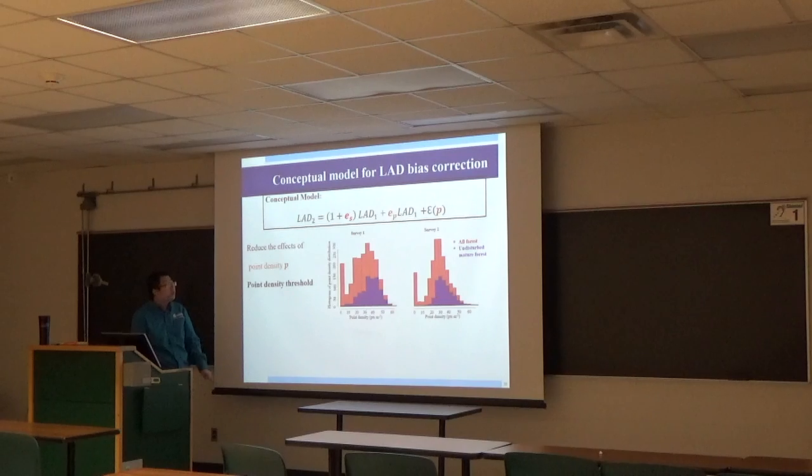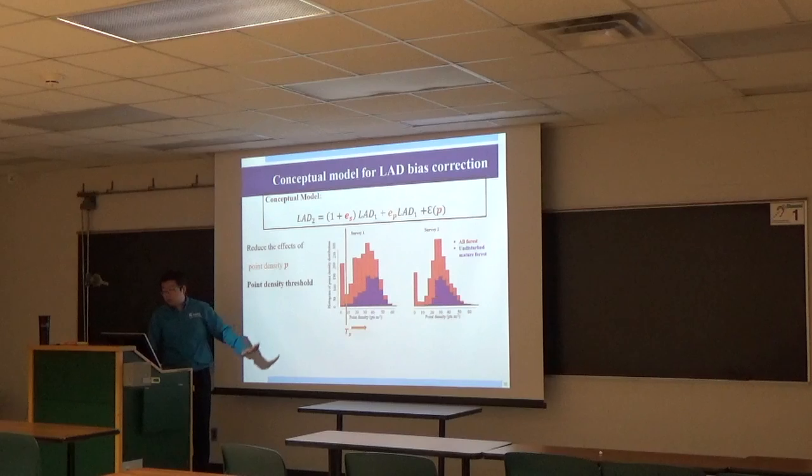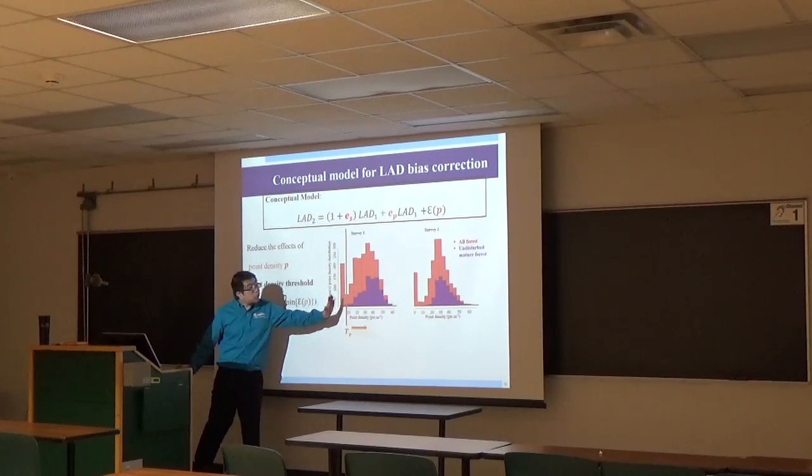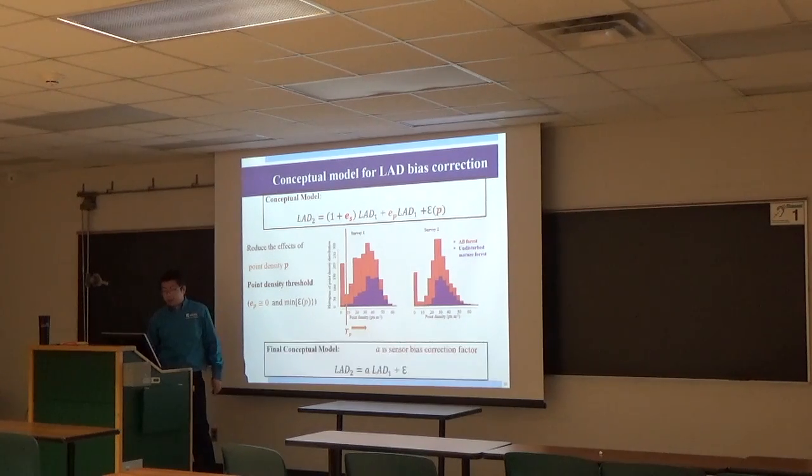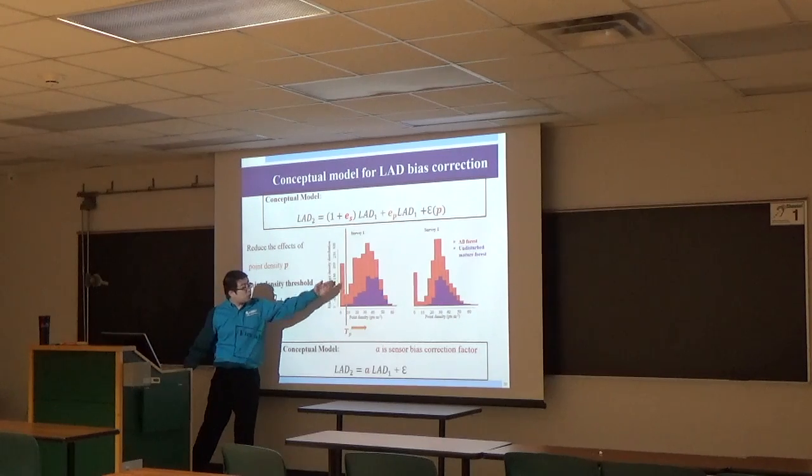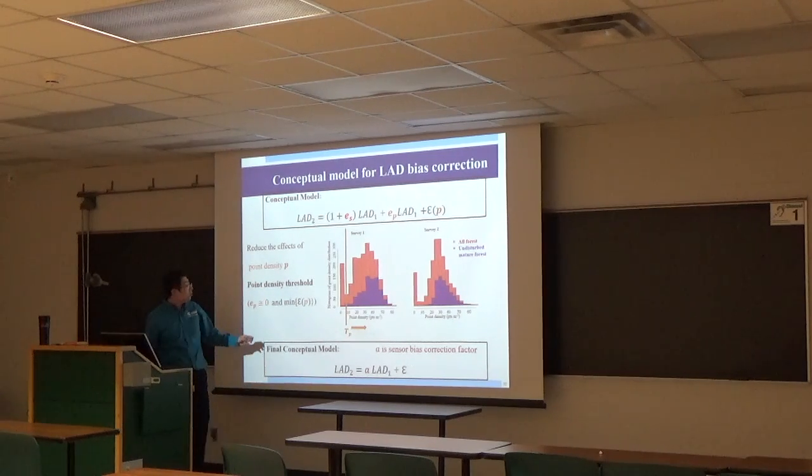To reduce the effect of pulse density, I use a thresholding algorithm to increase the pulse density during the sampling, and when it reaches certain thresholds, I assume pulse density will have no or minimal effect on our model, and the profile within our sampled area will focus only on the sensor effect.